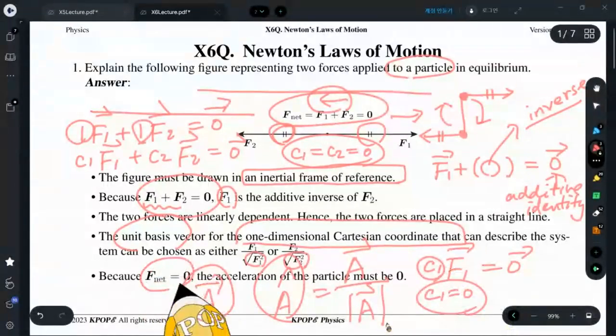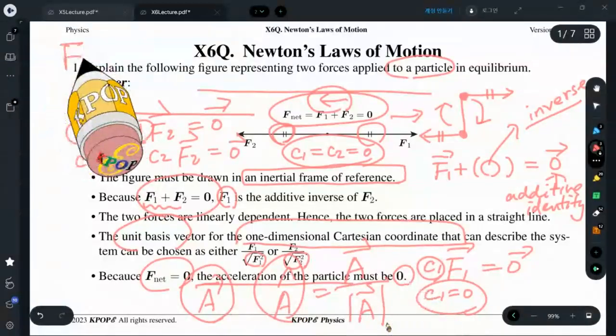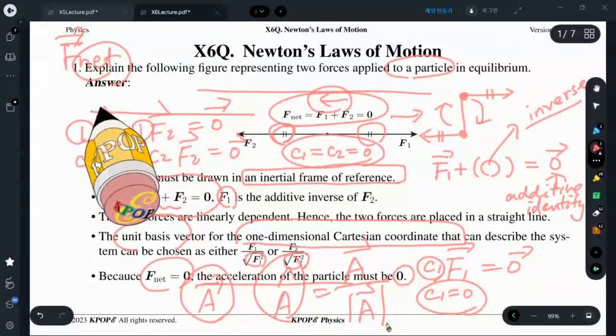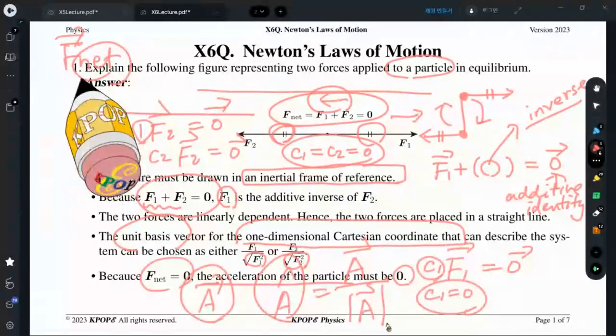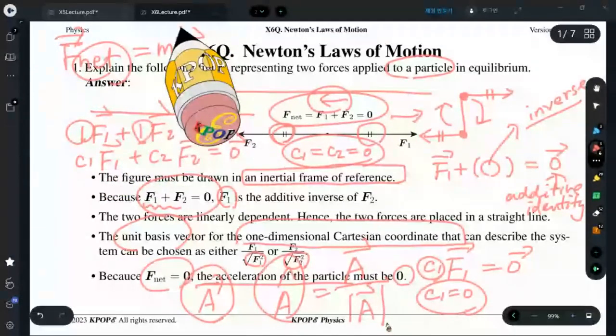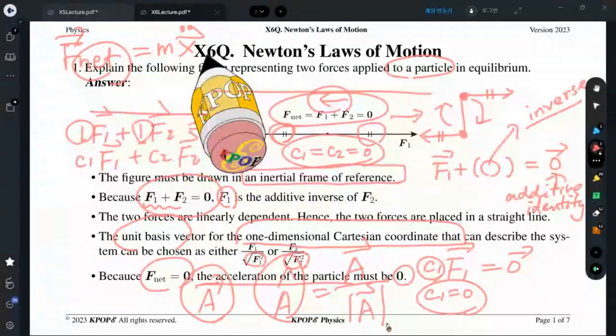F net equals 0. Acceleration is 0. F net, the algebraic sum of all applied forces, is F net equals m times the double time derivative of the position vector, that is mass times acceleration.